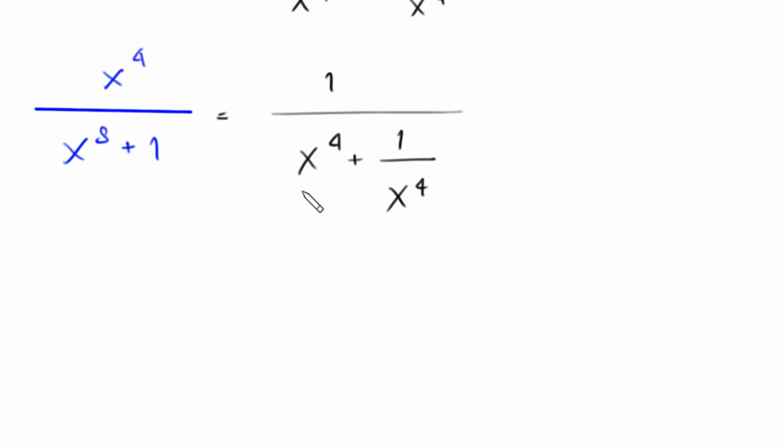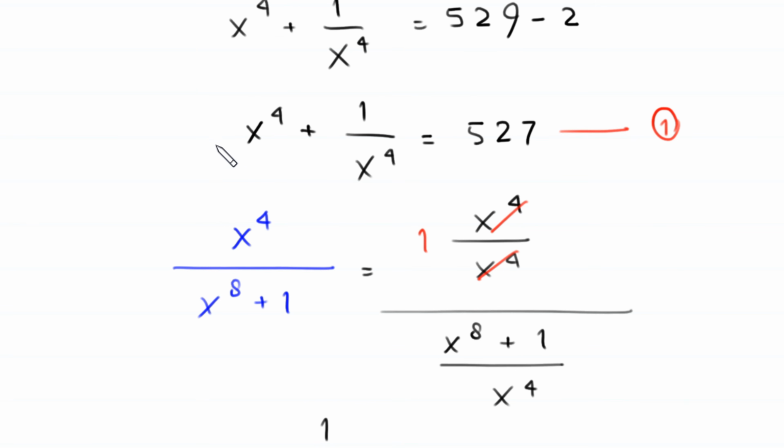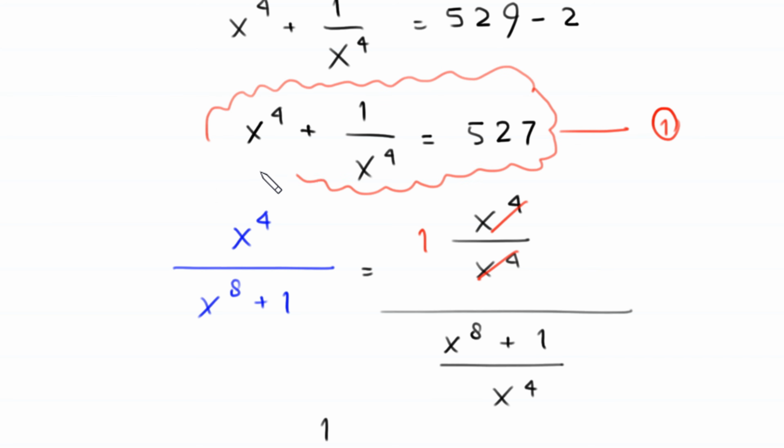Now we have already found the value of this expression x to the power 4 plus 1 over x to the power 4. So we recall equation number 1. Equation 1 is x to the power 4 plus 1 over x to the power 4 equal to 527.